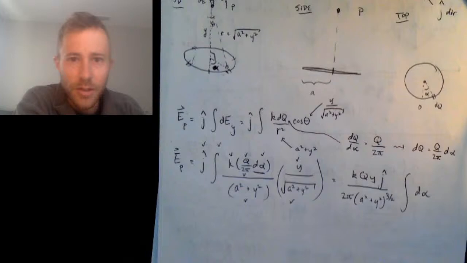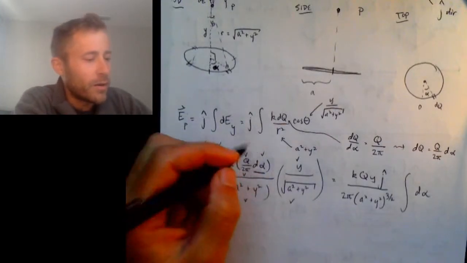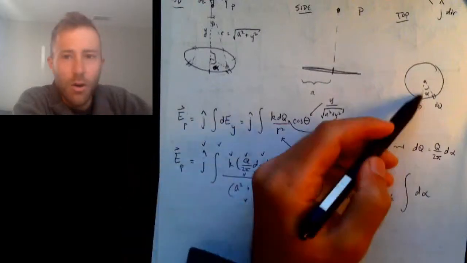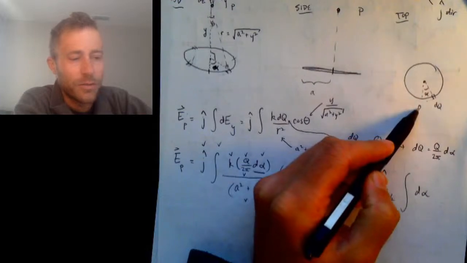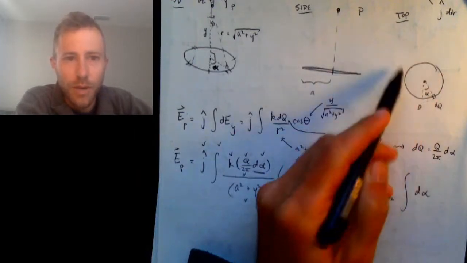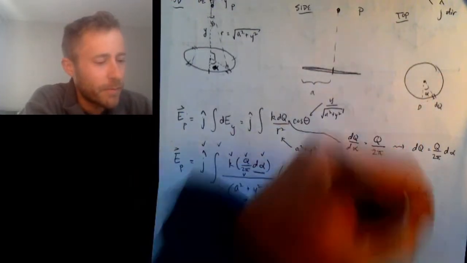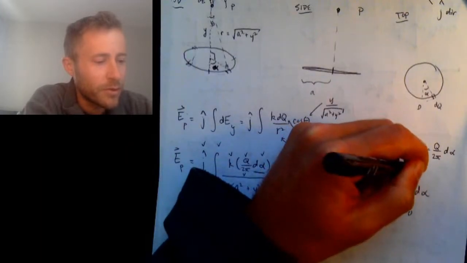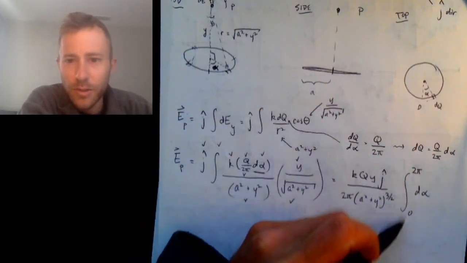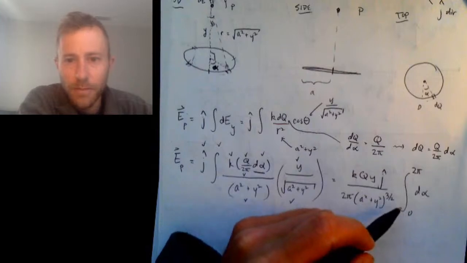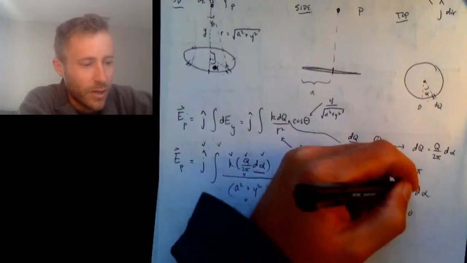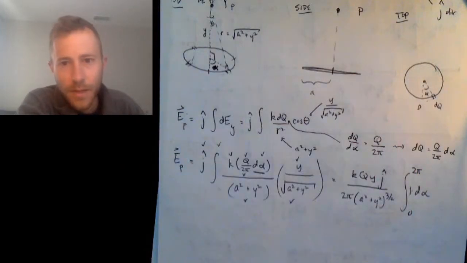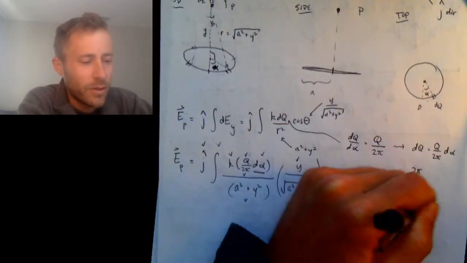Now, what are our limits of integration? We are integrating all the way around this circle. So our integral is going to go from 0 to 2 pi, because that would be all the way around the circle. This is an extremely simple integral, because it's just like integrating the function 1. So the value of this integral is 2 pi.